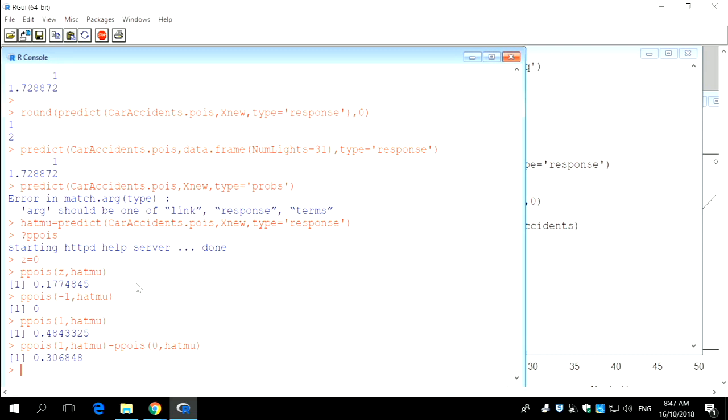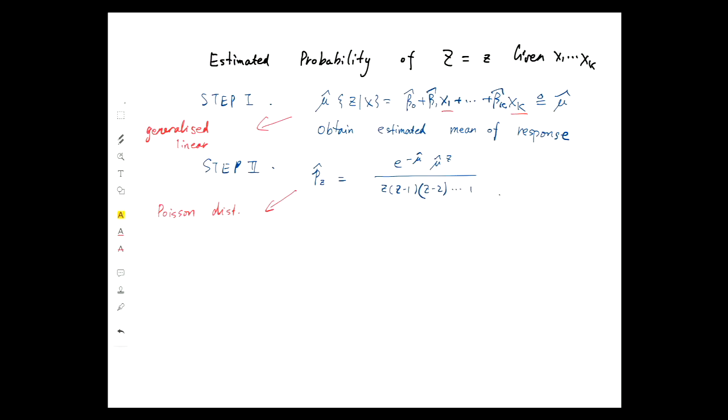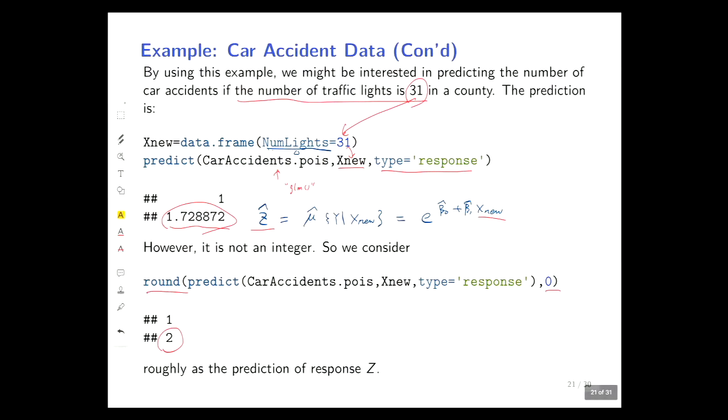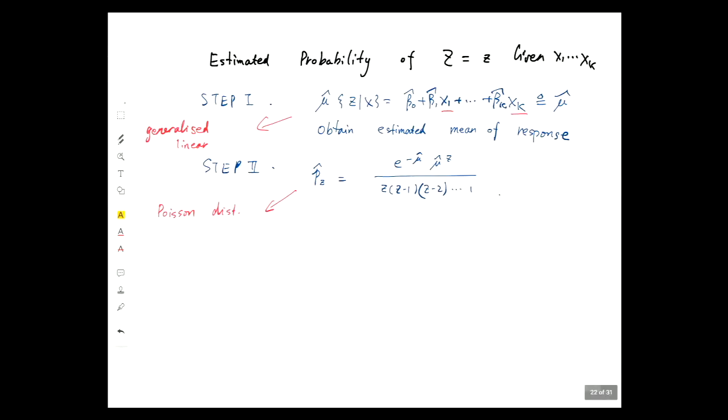I talked about something a little bit beyond the scope of this course, but I think it's fine. Earlier we computed the estimated mean of response z hat, or we can call it mu hat, and we can use it to compute the estimated probability.